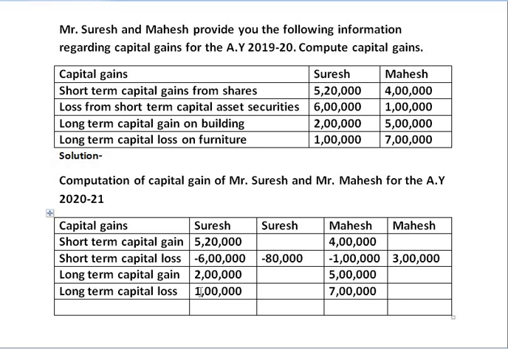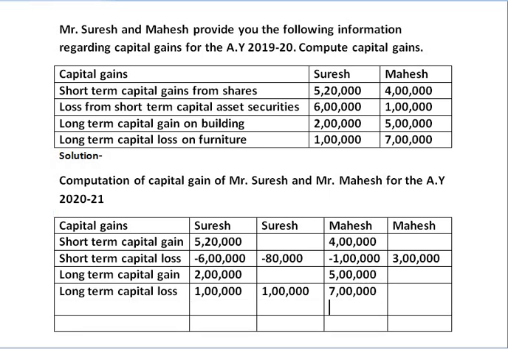Now this long term loss of rupees 1 lakh of Mr. Suresh has to be set off against the long term capital gain of 2 lakh. So we can easily set off this loss. After setting off the loss, still we get a positive figure of rupees 1 lakh. Here the capital gain is 5 lakh, wherein the long term capital loss is rupees 7 lakh.